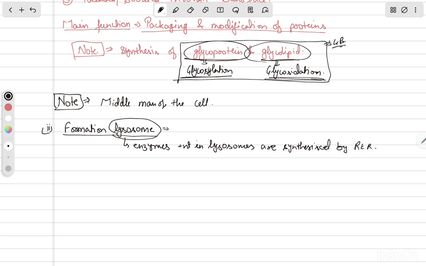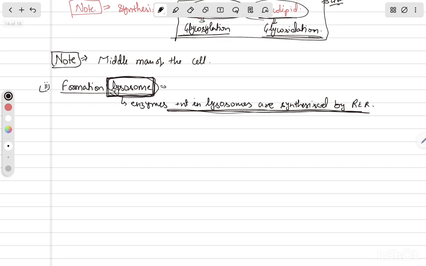So precursor of lysosomal enzyme is rough endoplasmic reticulum, but it is packaged or modified by Golgi apparatus, and so formation of lysosome is the function of Golgi apparatus, or we can say collectively function of Golgi apparatus and endoplasmic reticulum.